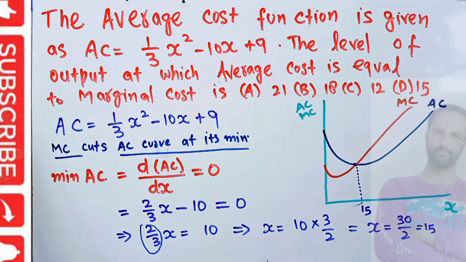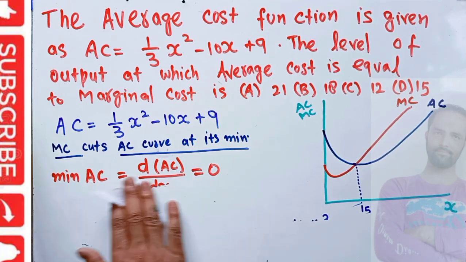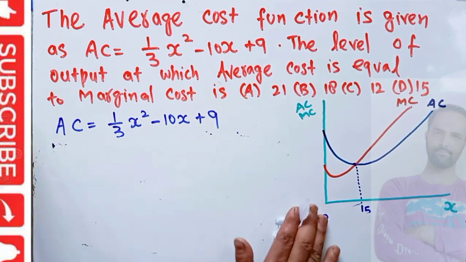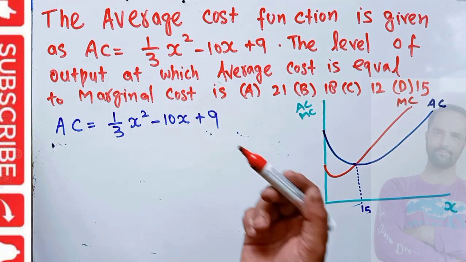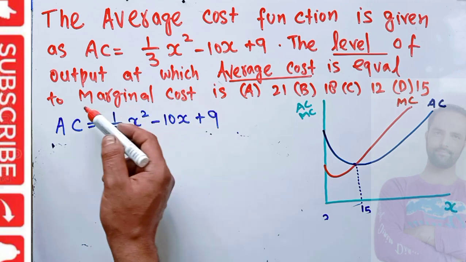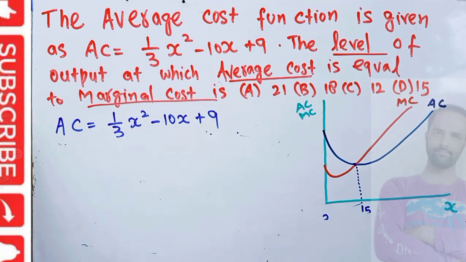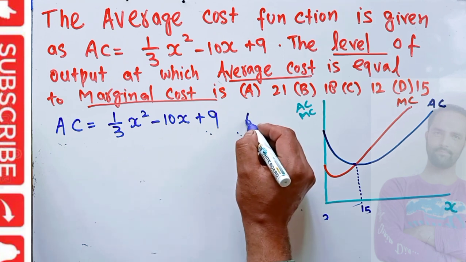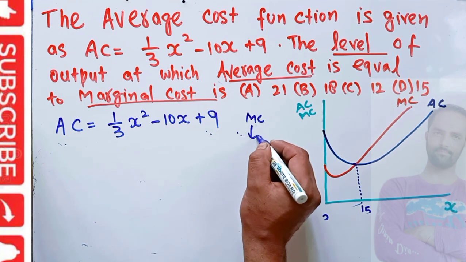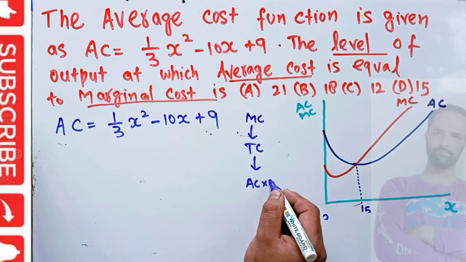Another method is simple. We are told to find the level of output where average cost is equal to marginal cost. Average cost is given to us. We need to find the marginal cost, but to find the marginal cost, first we should know the total cost, and total cost is simply average cost times output.